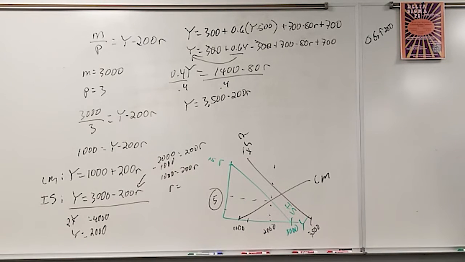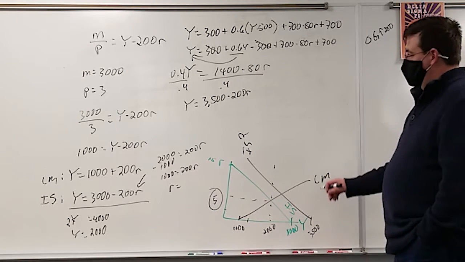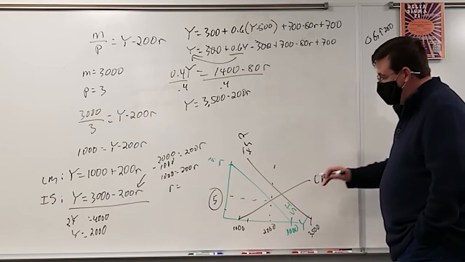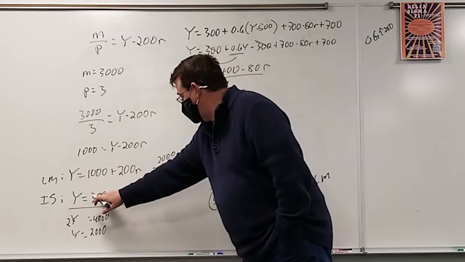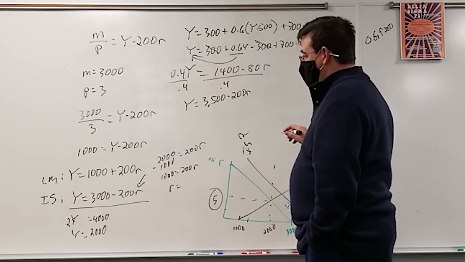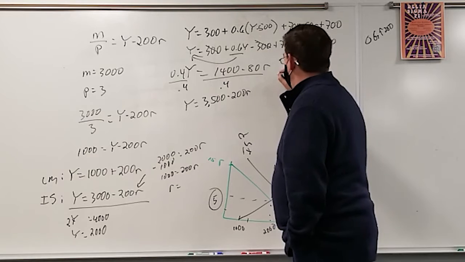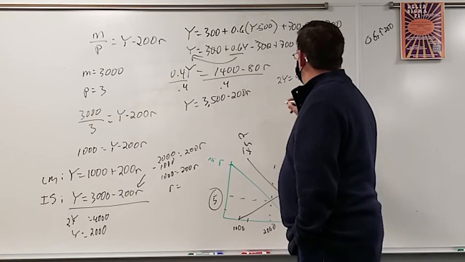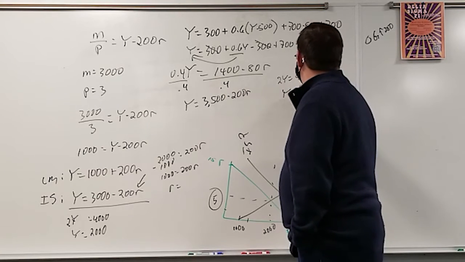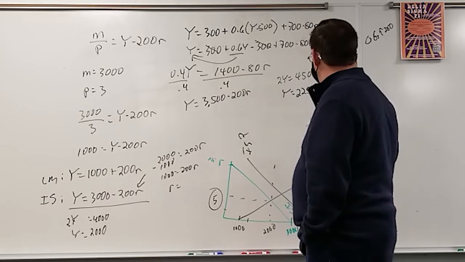And so what happens to the interest rate and the output rate? Interest increases, output increases. Let's find out how much. Here I'm going to change that to 3,500, so we get 4,500. 2y equals 4,500, which means that y is equal to 2,250.